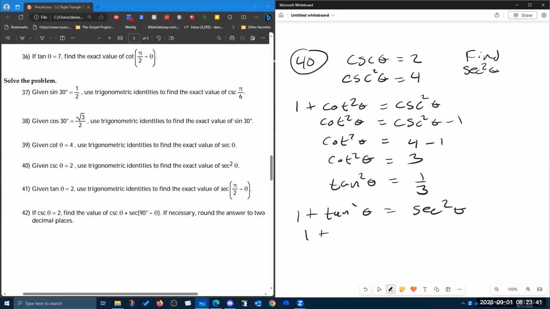So 1 plus 1/3 is equal to secant squared. And so 3/3 plus 1/3 is what I'm looking for, and secant squared is equal to 4/3. I think that's how the problem was supposed to be done with the identities.